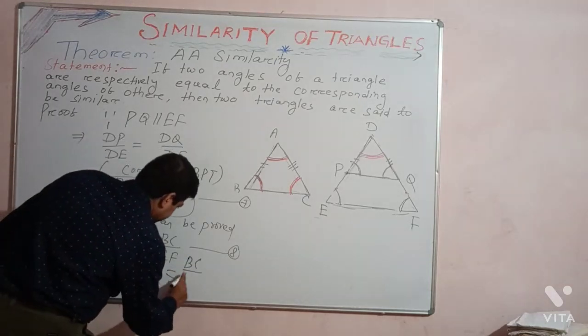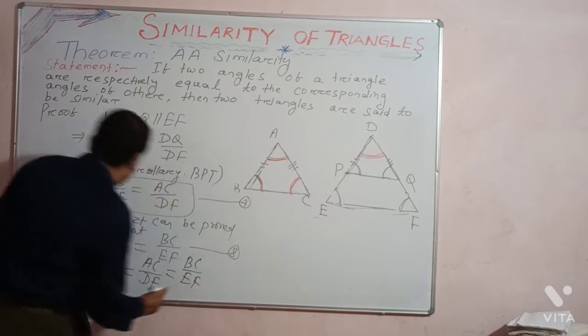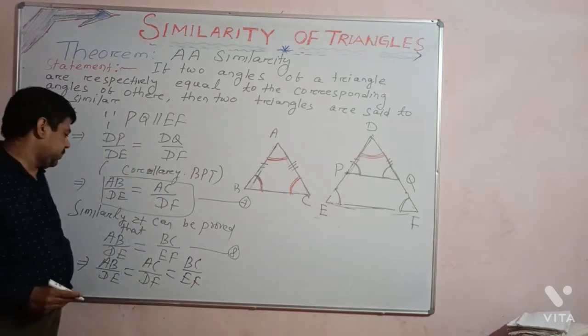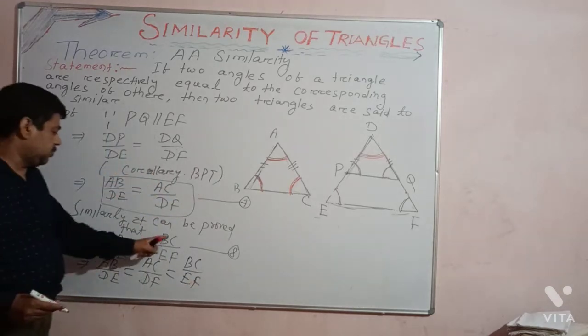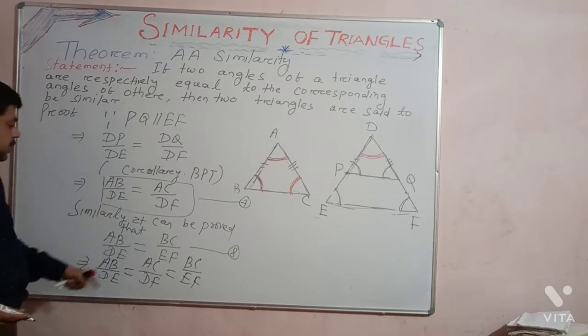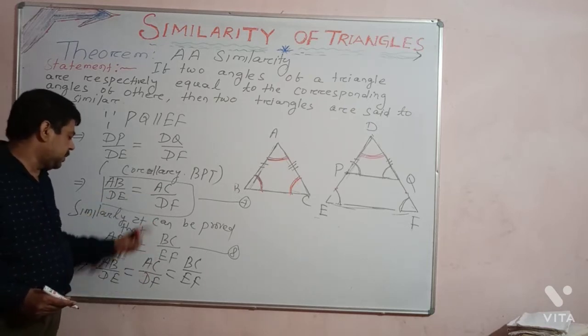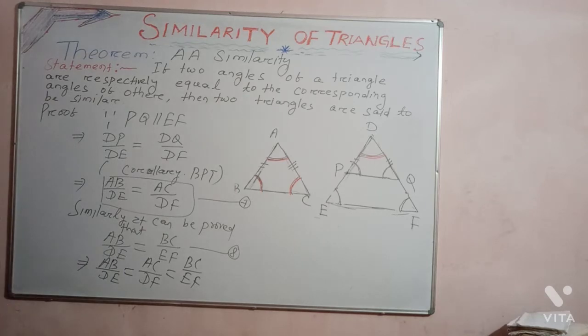You are looking now? AB upon DE is equal to AC upon DF, and AB upon DE is equal to BC upon EF. It means AB upon DE is equal to BC upon EF is equal to AC upon DF.